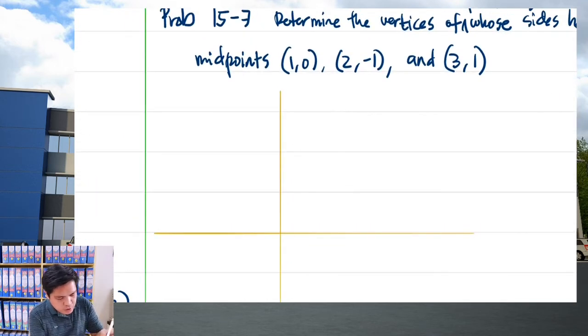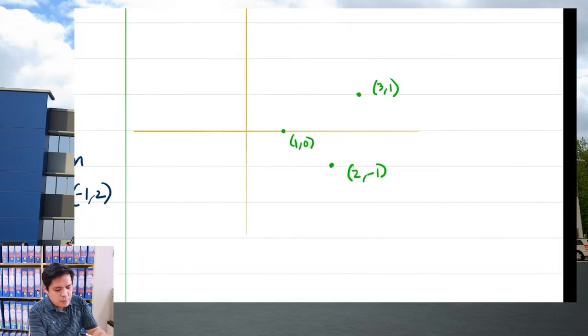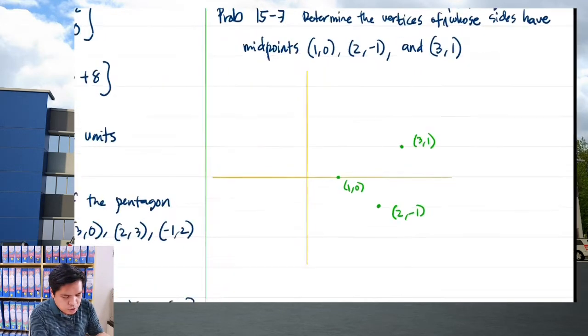So, let's start with these coordinates which are, let me use another color, 1, 0. Let's say this is 1, 0. And 2, negative 1. So, 2, negative, this one. And 3, 1. So, 1, 2, 3. Ito. Remember, these are midpoints of the sides of a triangle.